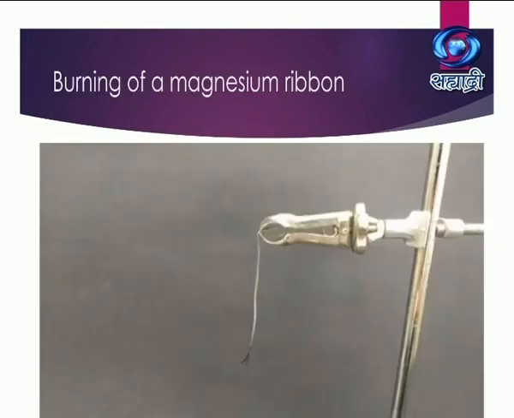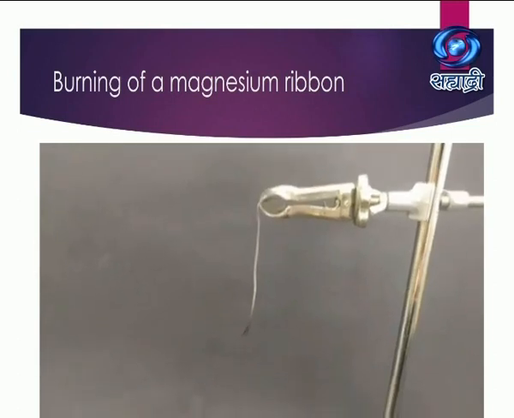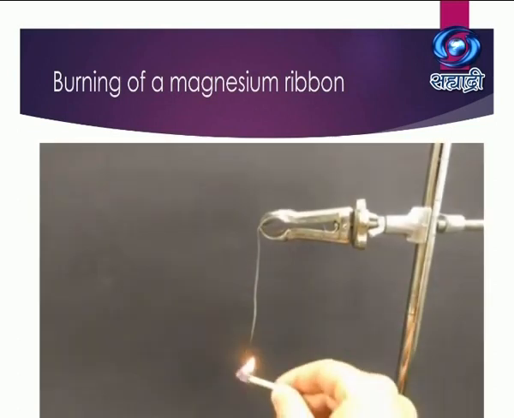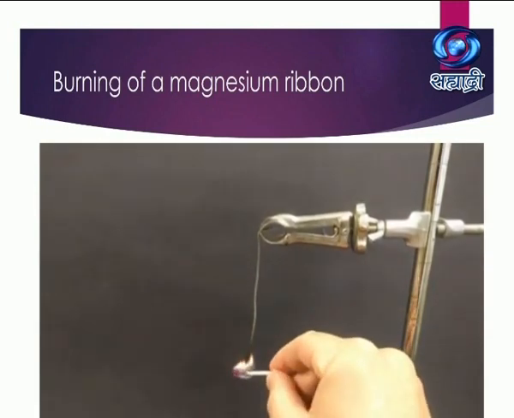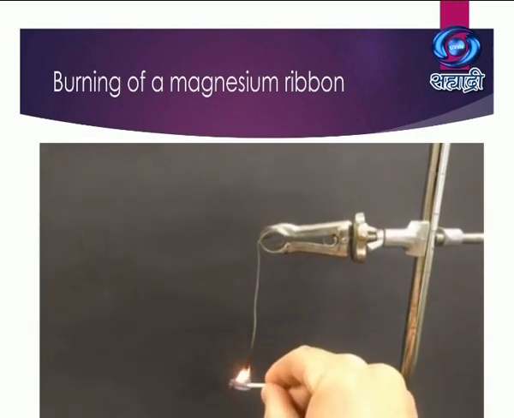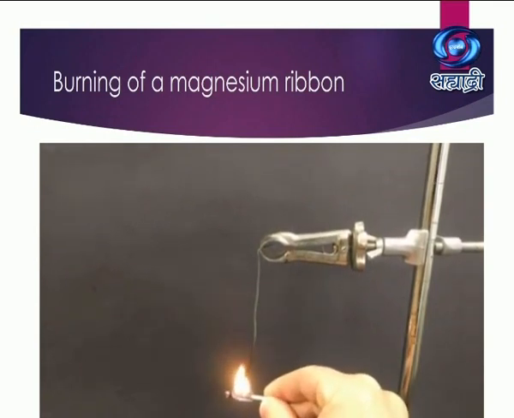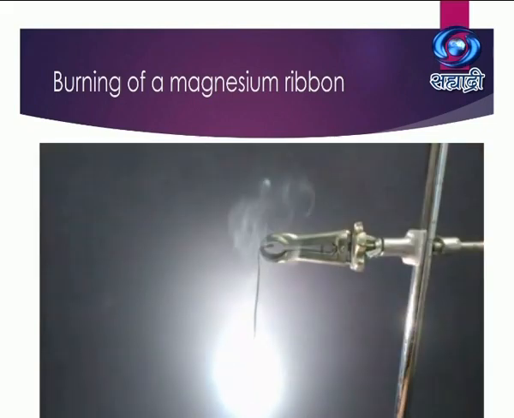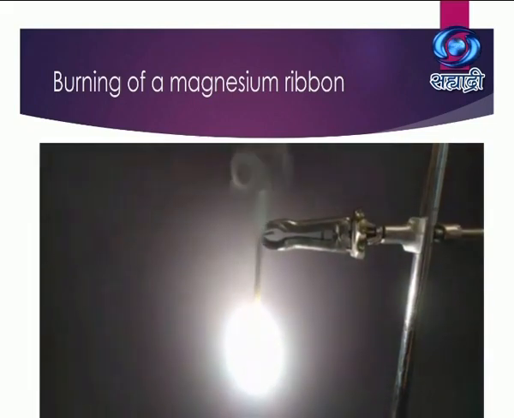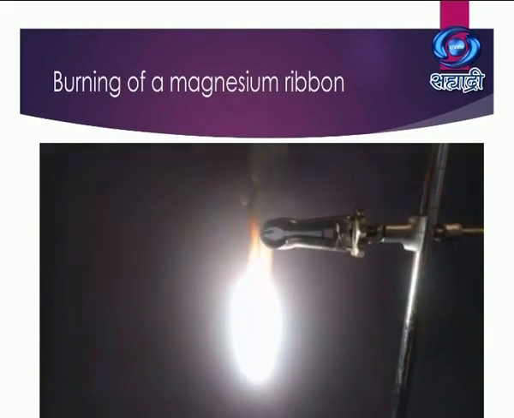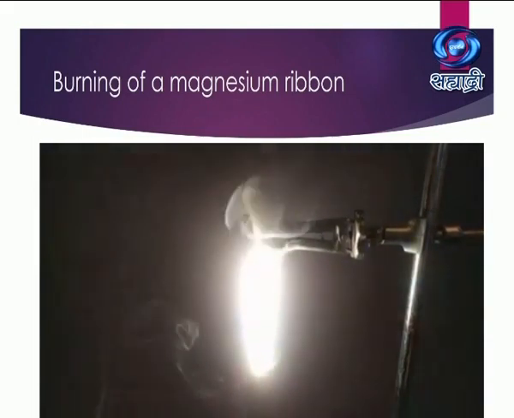Here we have the example of burning of magnesium ribbon. You must have observed this reaction at least in your previous standards. Here we have taken a magnesium ribbon and we are trying to burn it with the help of a matchstick. Let us see if it catches fire. Yes. Now it is burning and you can see white colored fumes appearing.